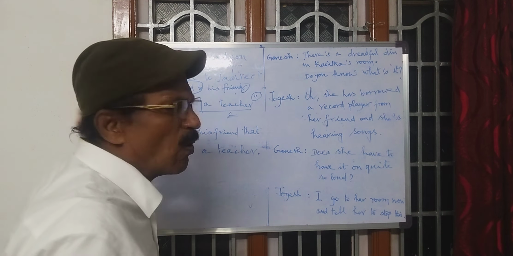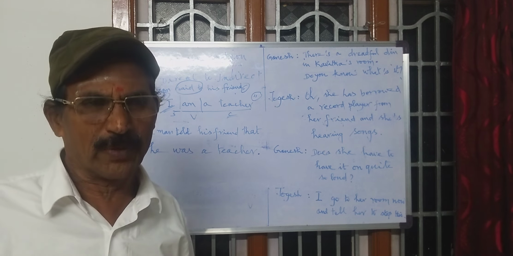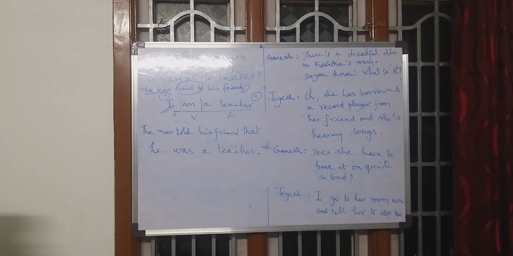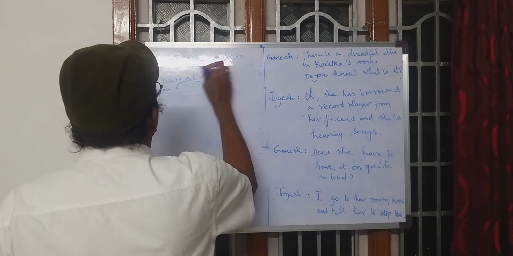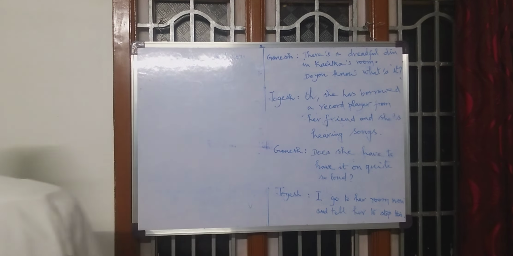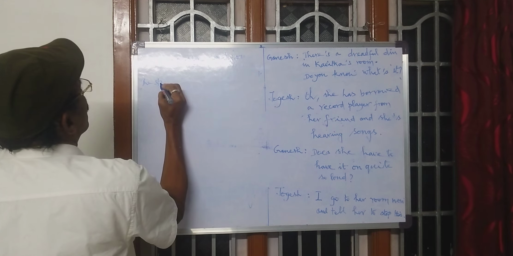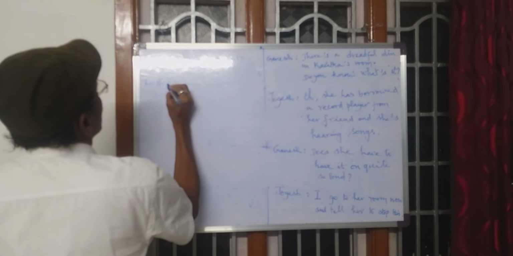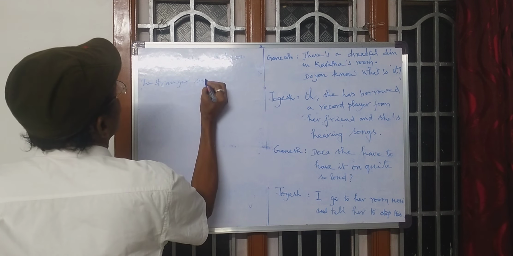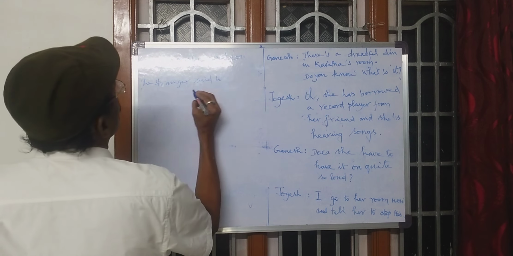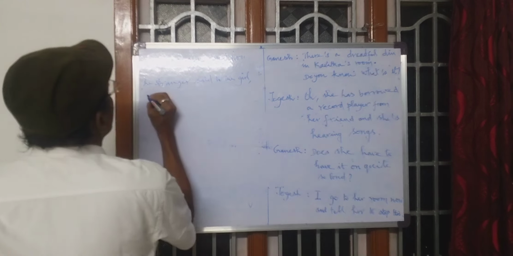We generally change all kinds of sentences into a statement when we change them into reported speech or indirect speech. So let us see an example for a question. The stranger said to the girl, comma, so here it begins.